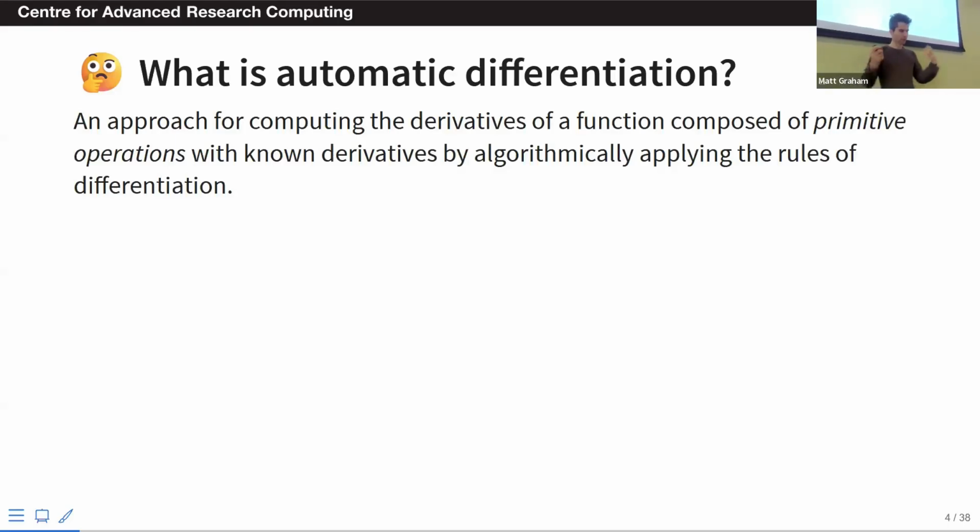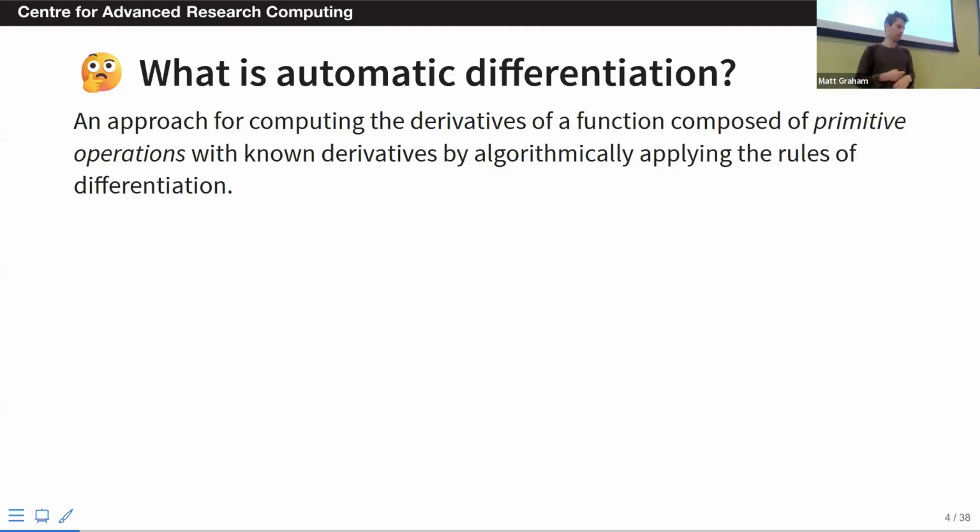At the highest level, we can think of autodiff as a way of, given some function, which we consider as being composed of what we sometimes term primitive operations, the low level operations that, given their arguments, we know how to compute the output of, but importantly, we know the derivatives of. We can get these from the mathematical definitions of how to derive derivatives, and we can think of any function as being composed of some primitive set.